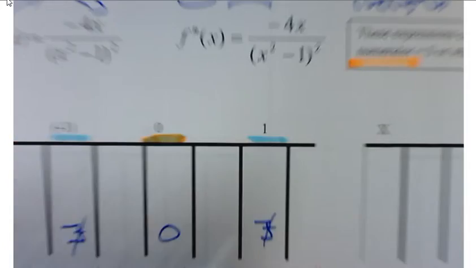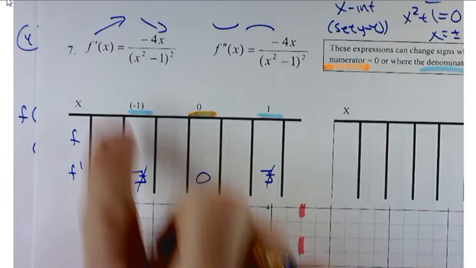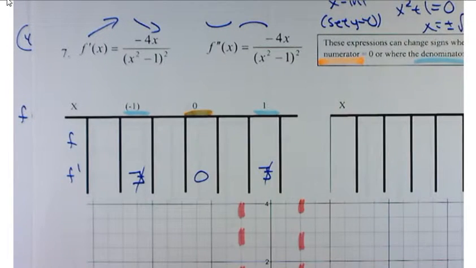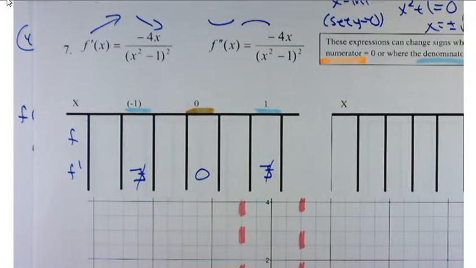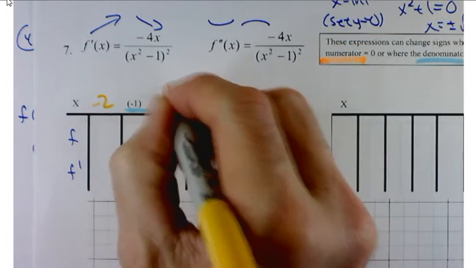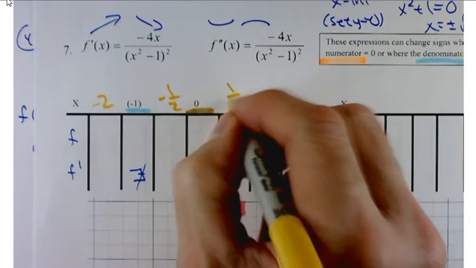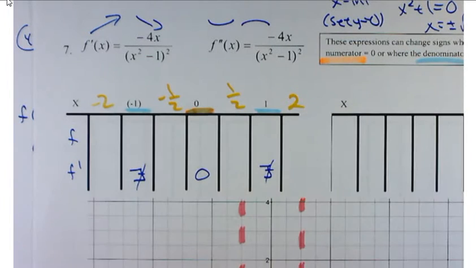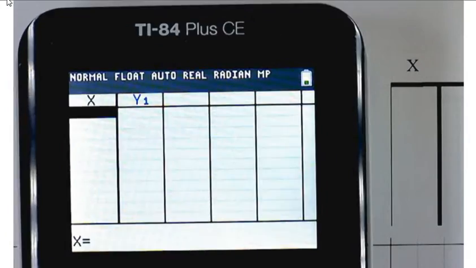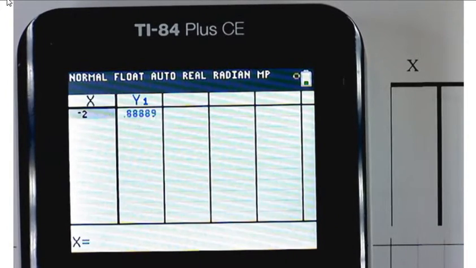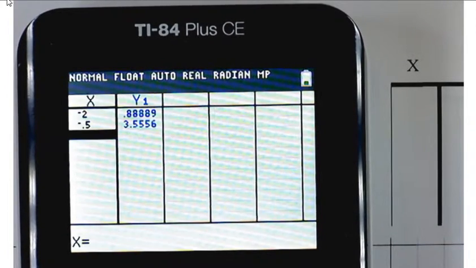What would be some good test points for us here? All right, -2, -1/2, 1/2, and 2. Let's not try and hurt ourselves, right? Just keep them simple. -2, -0.5, 0.5, and 2.